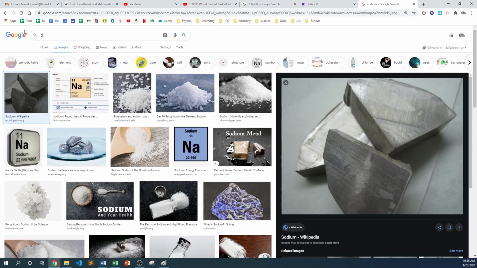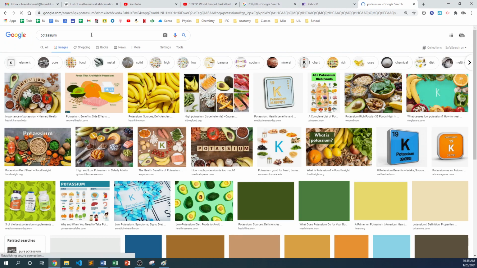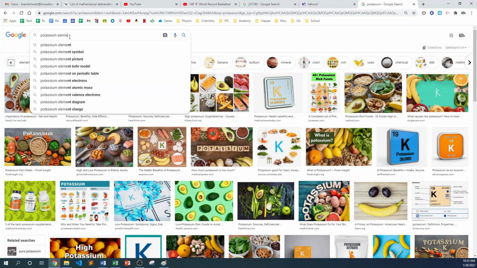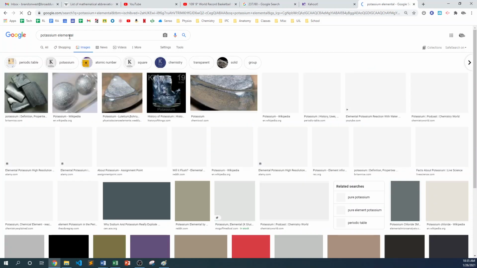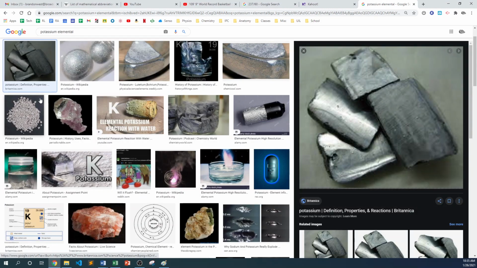Let's look up potassium. Elemental potassium. Alright, it's a soft, metallic, silvery, kind of dark as it oxidizes with air. You can cut it with a knife.